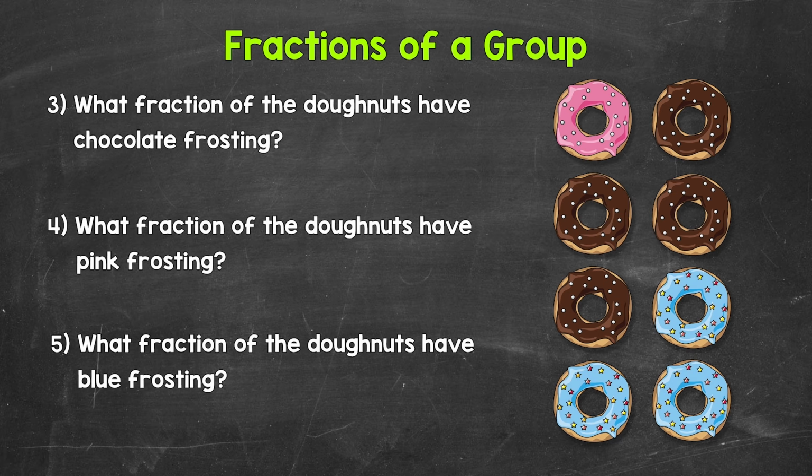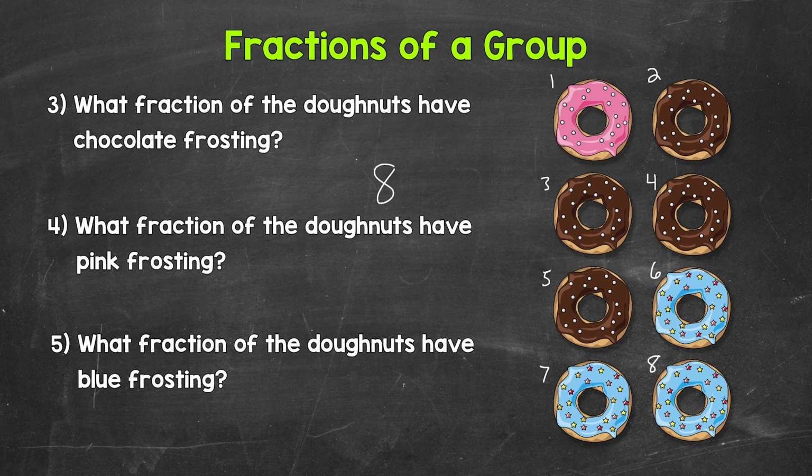Taking a look at numbers 3 through 5, we're going to be working with a group of donuts here. Let's start with number 3, where we have what fraction of the donuts have chocolate frosting, so brown frosting. Let's start with the denominator. So we need to figure out how many total parts make up the whole group. How many total donuts make up the whole group? We have 1, 2, 3, 4, 5, 6, 7, 8 total donuts.